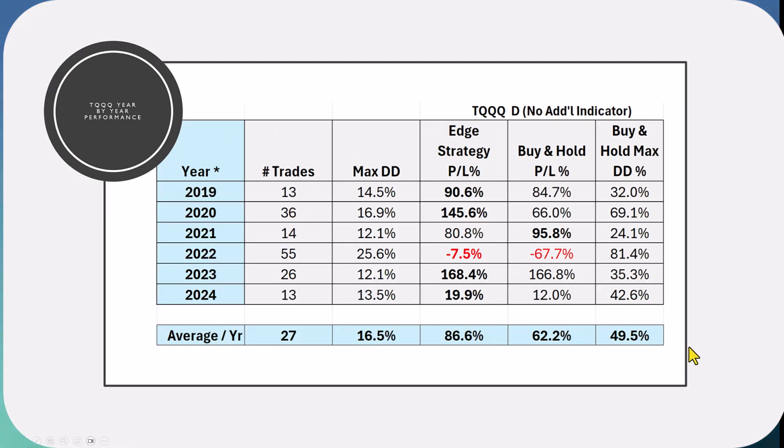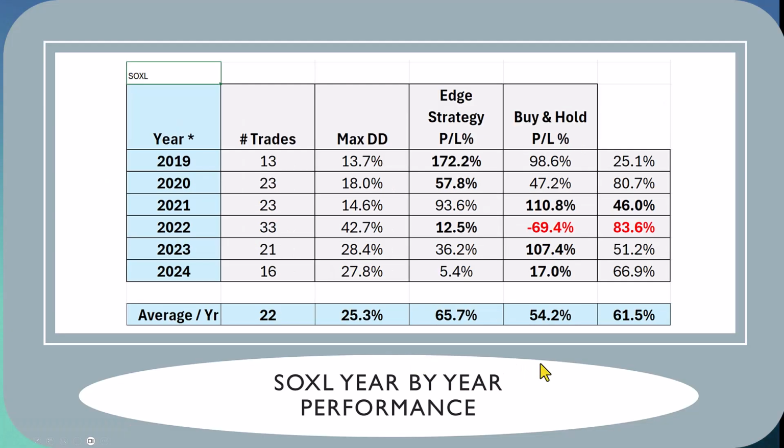And then if we look at this on a year-by-year basis, and I just did this for the daily version for simplicity, but I wanted to give you a sense of how this would look year by year for the TQQQ for each of these years, versus looking at SOXL for each of these individual years.